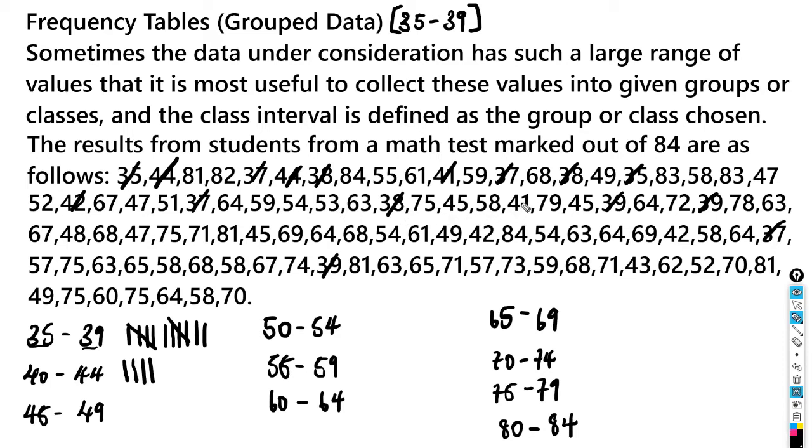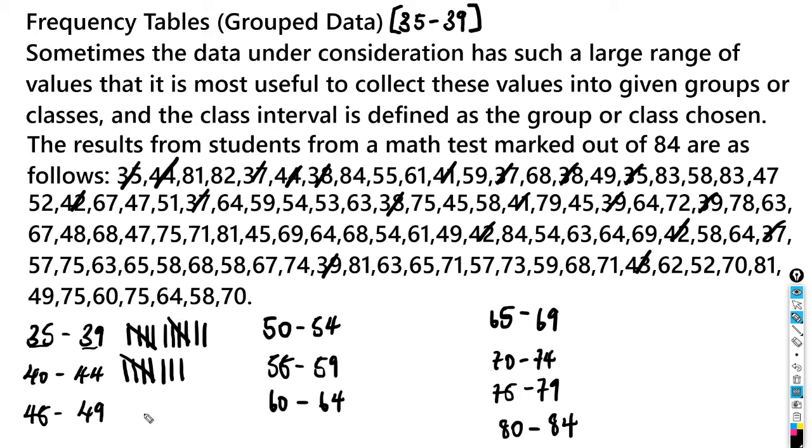Then another 41 here, so that's 5. Another 42 here, so that's 6. Another 42 here, so that's 7. Then, looking for the other one, 43 here, so that's 8. I'm not seeing any more, so this is 8.